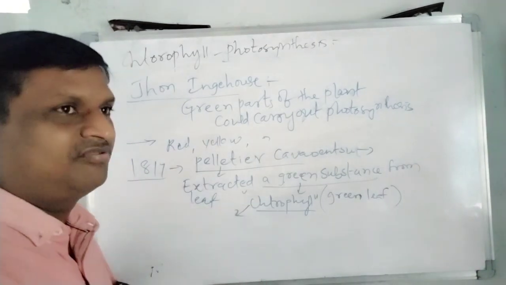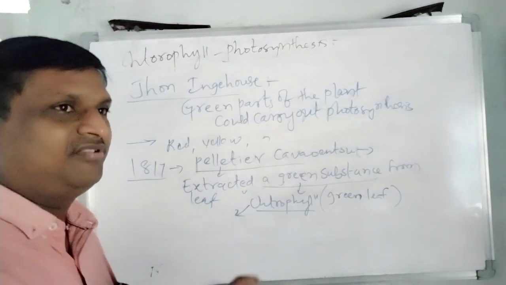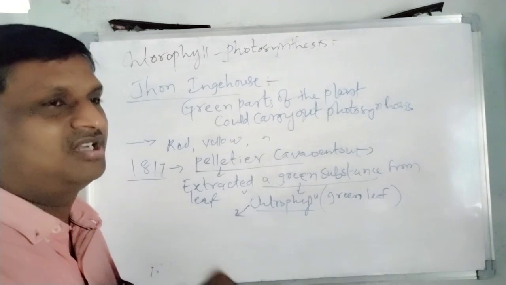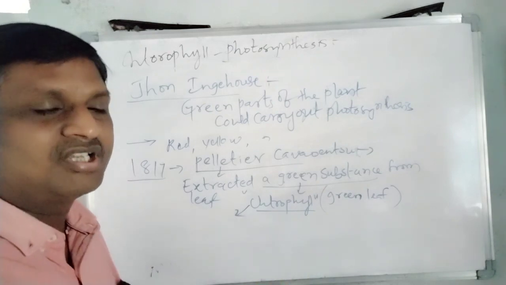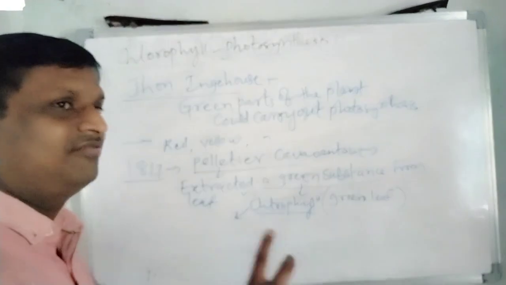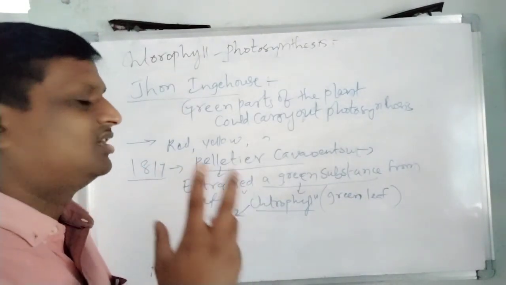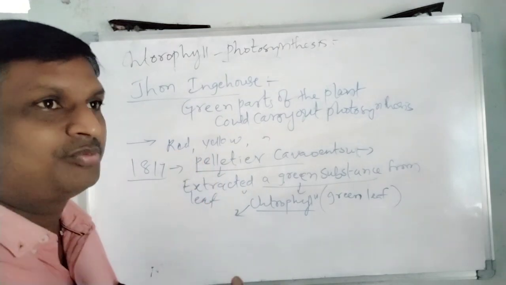But if the chlorophyll is extracted from the leaf and kept in a test tube, and we add water, carbon dioxide and sunlight, no photosynthesis can take place. Only when the chlorophyll is in the leaf can it be used as a photosynthetic pigment and as a factor to prepare the food material.